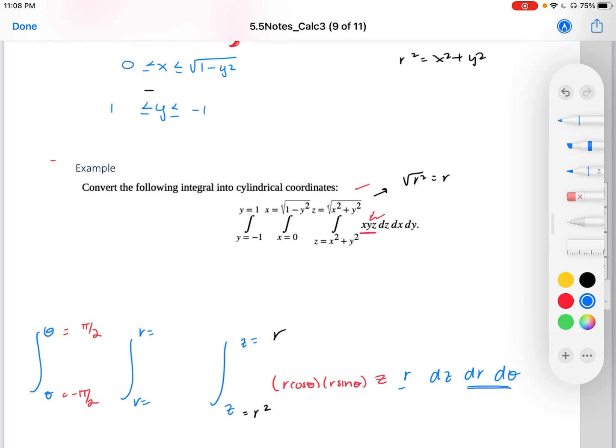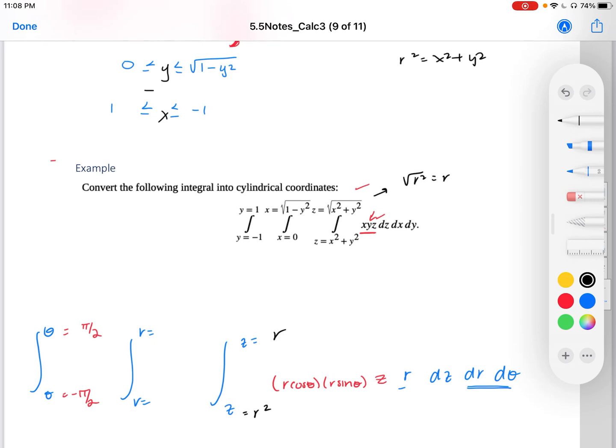Oh, I see what I'm doing wrong. This is our y and this is our x.